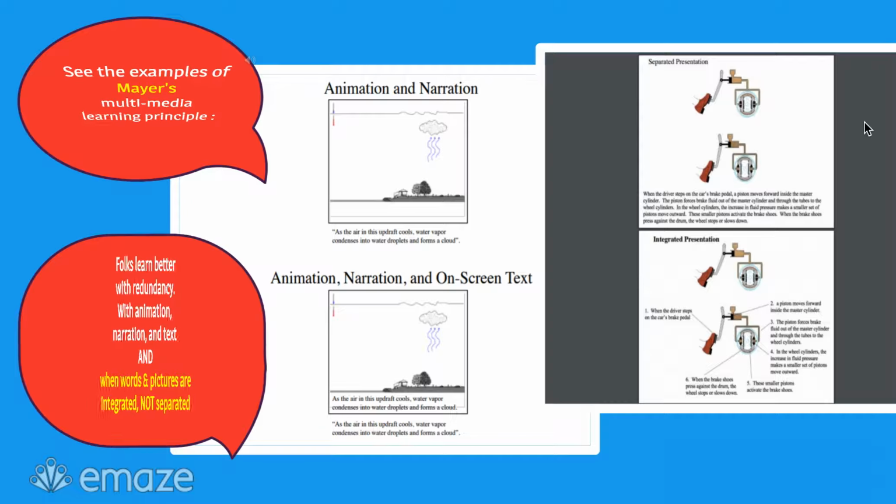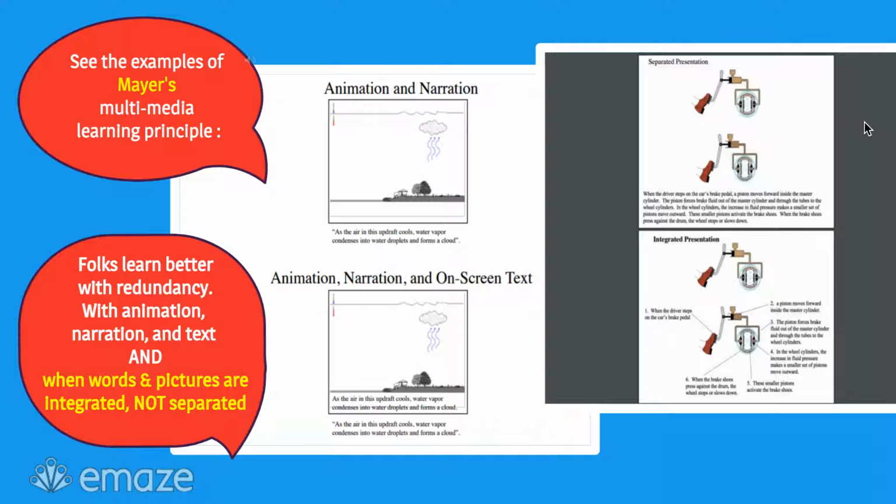Here are examples of Richard Mayer's multimedia learning principle. Animation and narration, or on the bottom, animation, narration with on-screen text. Look at the difference. Which one is easier to read and follow along? Also, a separated presentation, or the text is integrated with the presentation.